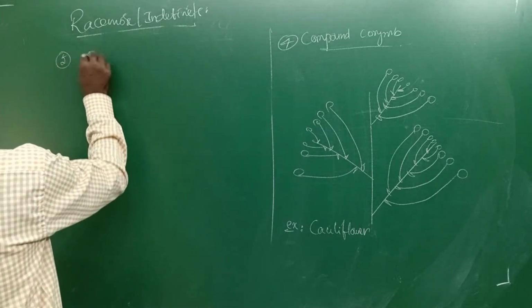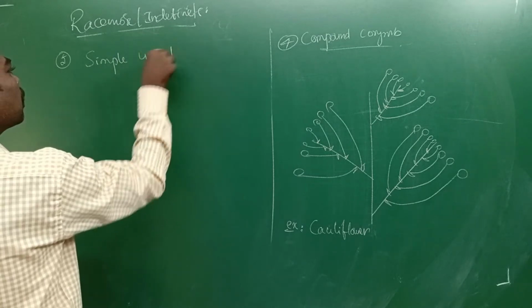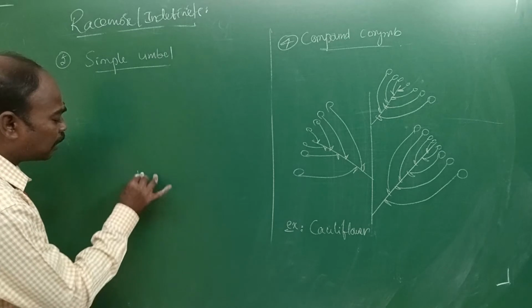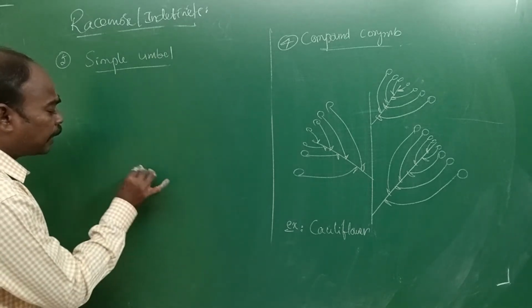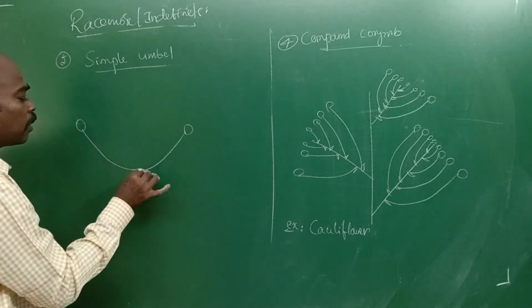Then simple umbel. Here the peduncle is condensed and at its tip, at one place, a number of flowers are developed.